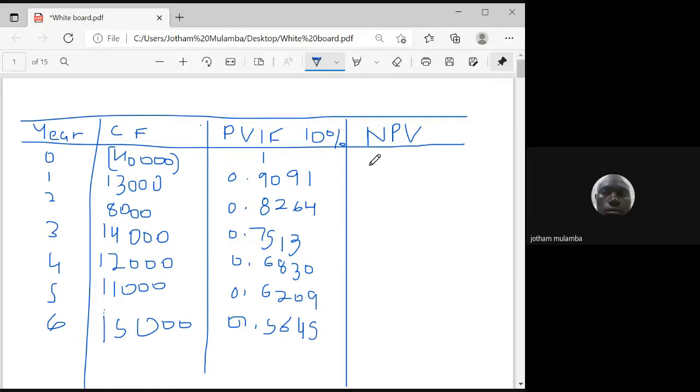Now we want to fill in the NPV. You can allow another trainee to respond. Who is taking over from there? For year 0, it will automatically be negative 40,000.